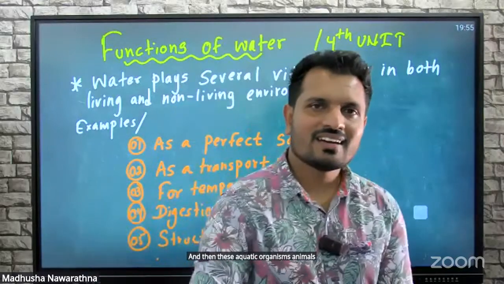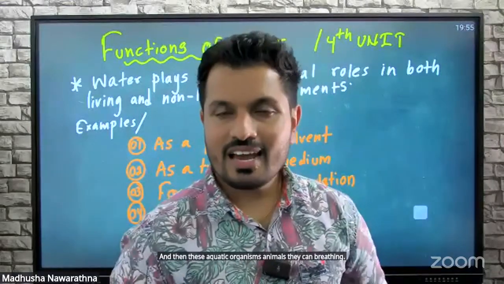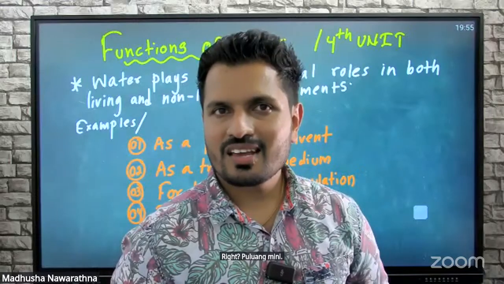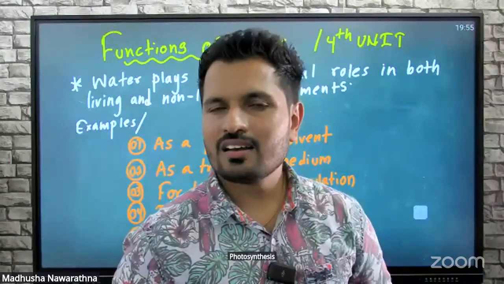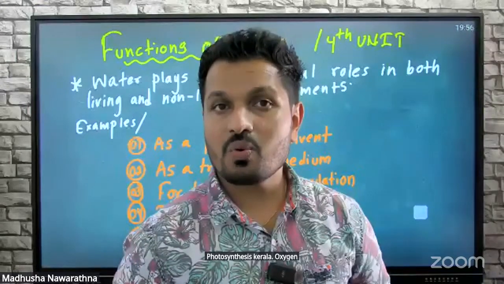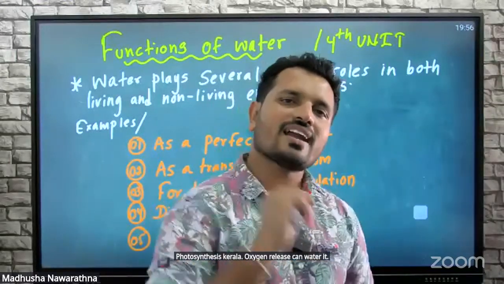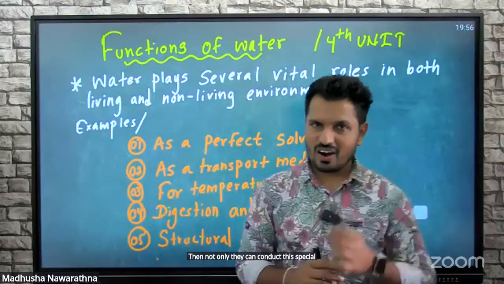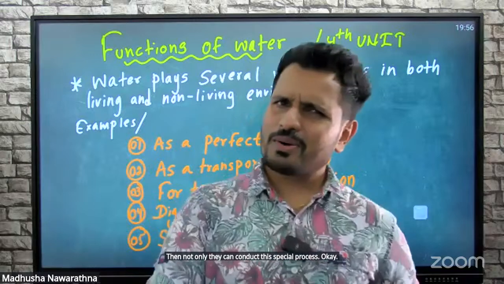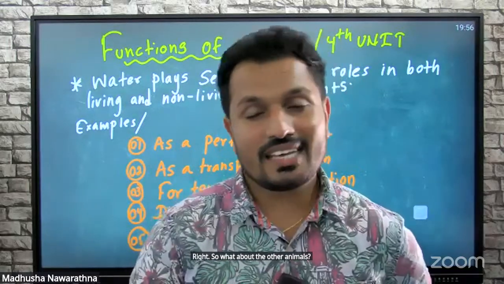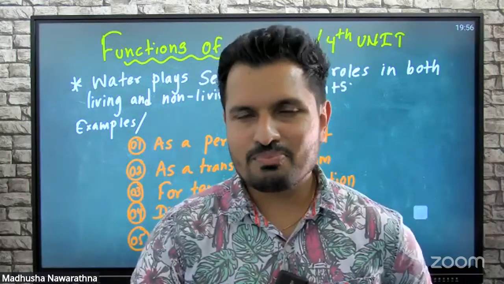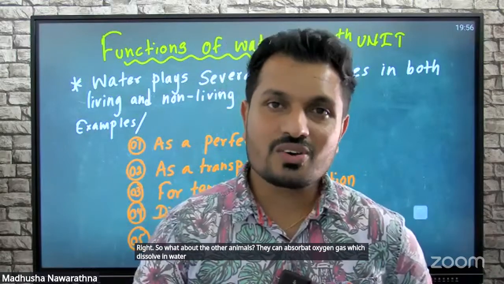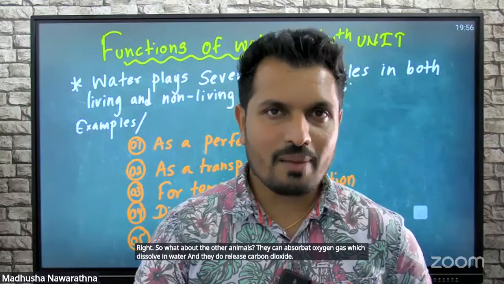They can breathe because plants do photosynthesis and release oxygen into the water. Then only they can conduct this special process. So what about the other animals? They can absorb the oxygen gas dissolved in water, and they release carbon dioxide as a byproduct of respiration.